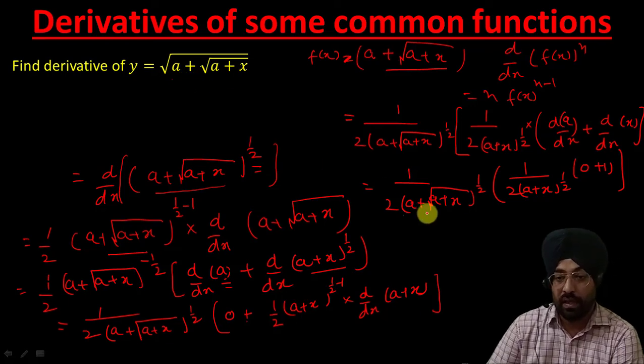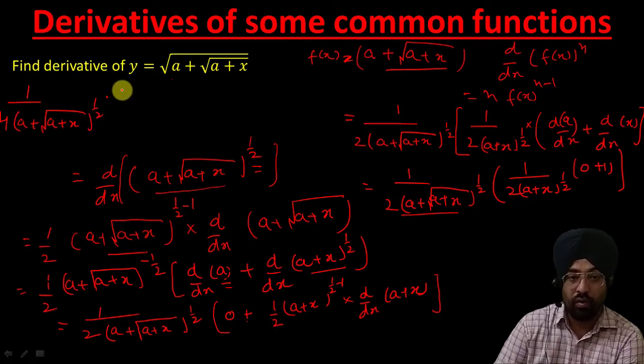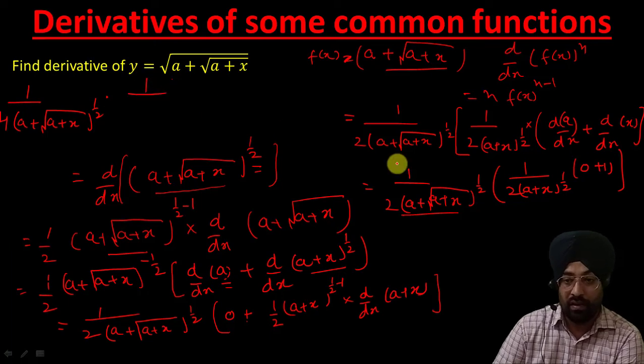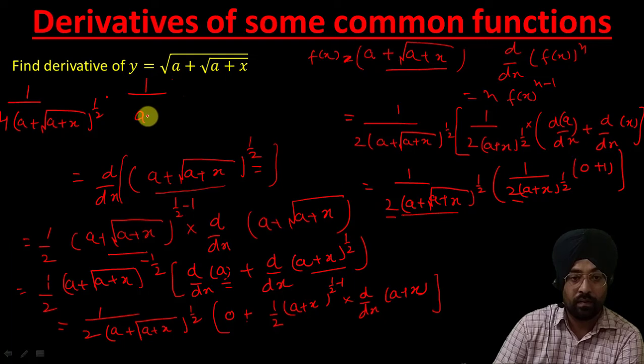Now it becomes 1 by 2 into 1 by 2, which is 1 by 4, a plus x square root raised to the power half, into 1 by, this 2 I have multiplied with this 2, 2 into 2 is 4, a plus x raised to the power 1 by 2.